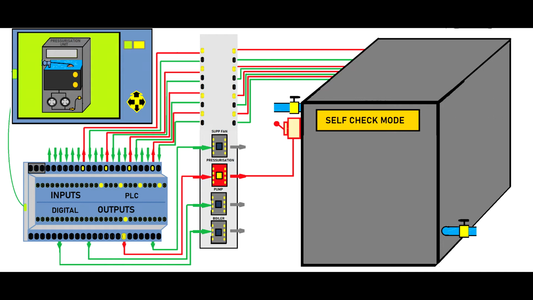At the same time, the pressurization unit sends a lot of inputs to the PLC, which is waiting for these inputs to come back, and this is the way the PLC checks the pressurization unit's health status, which is displayed on the HMI.